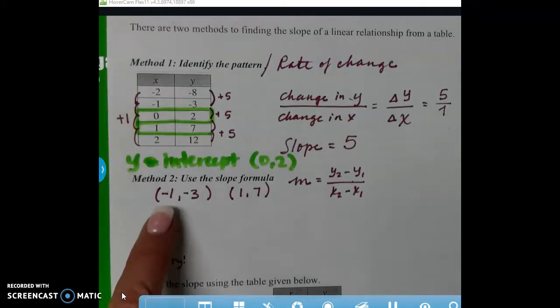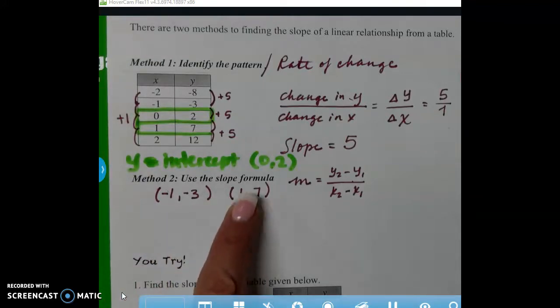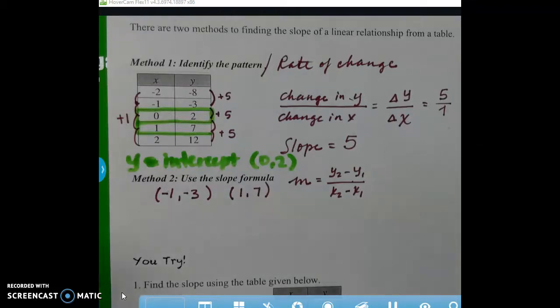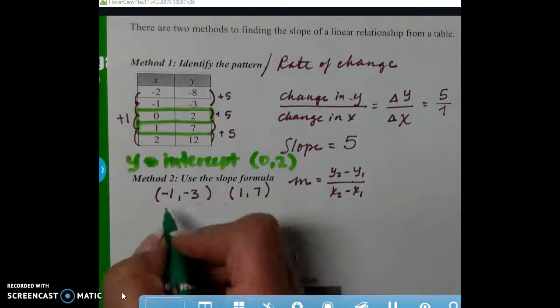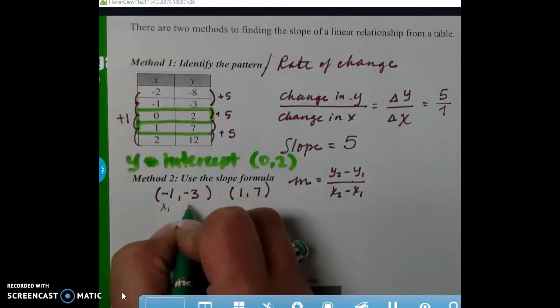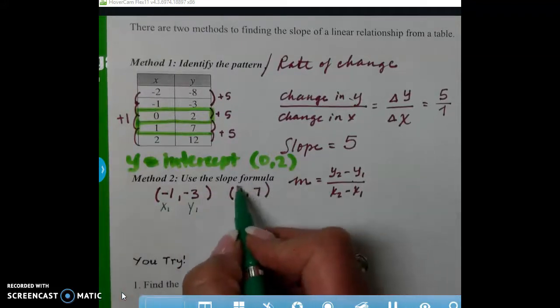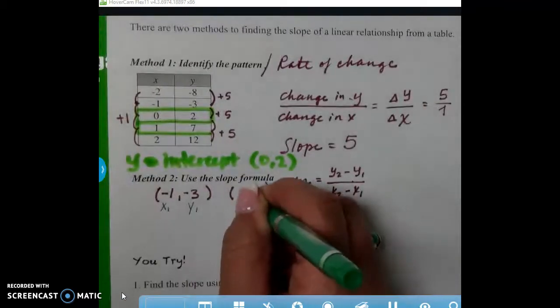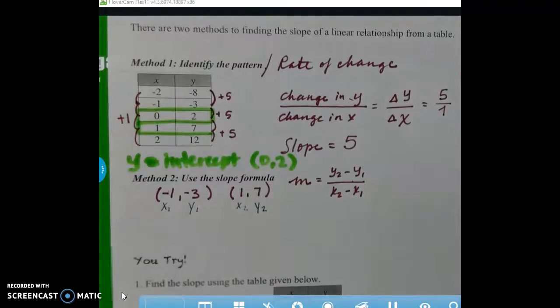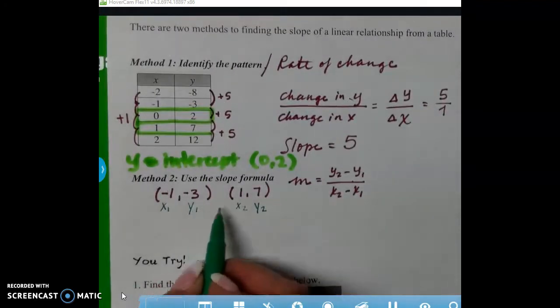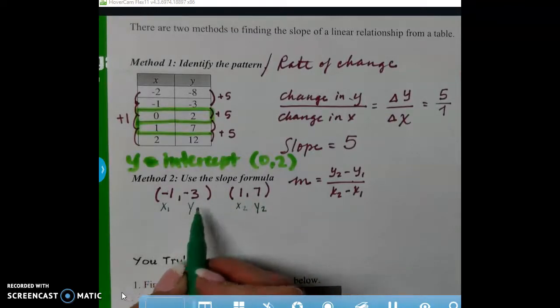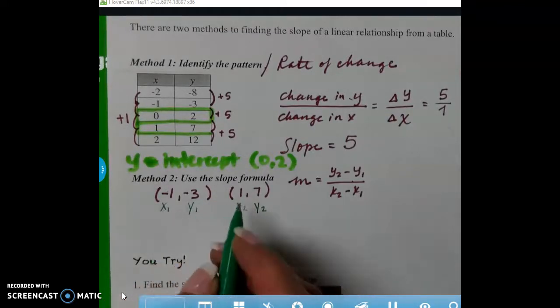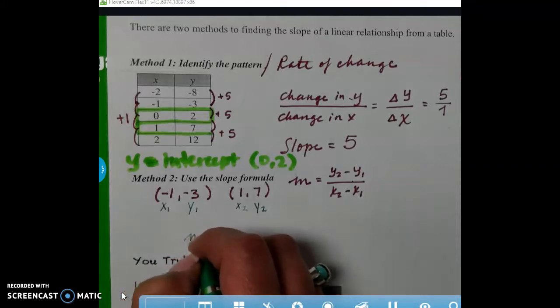So when you see two coordinate points that are given to you, the first coordinate point would be x1, y1. The second coordinate point would be x2, y2. So what do we do with these values? We determine how much the y value changed and how much the x value changed. So let's plug in.